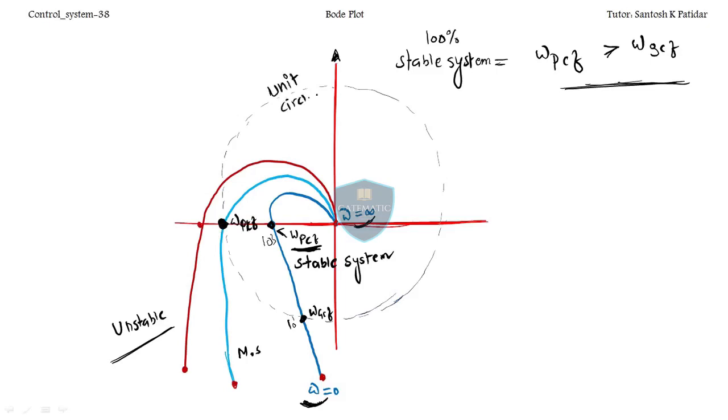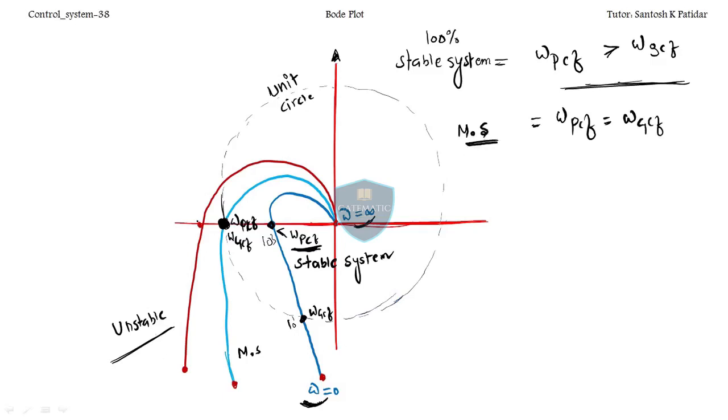So the magnitude 1 is coming over here. So omega PCF and omega GCF are both over here only. So omega PCF is equal to omega GCF, and this is the condition for a marginally stable system, isn't it?